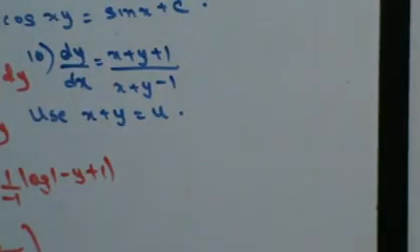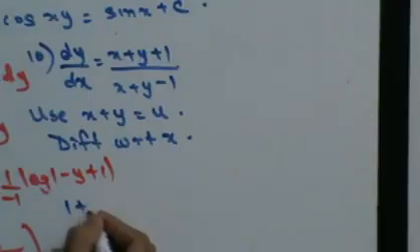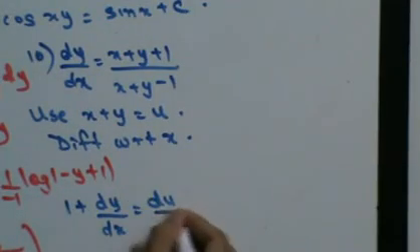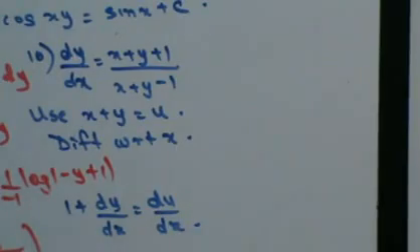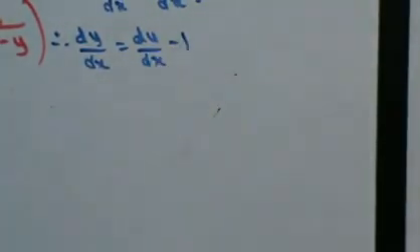Now they've asked you to use x plus y is equal to u. First thing, whatever they've asked you to use, you will differentiate that. So I'll say differentiate with respect to x. D by dx of x is 1 plus dy by dx is equal to du by dx. Therefore I'll get dy by dx is equal to du by dx minus 1.